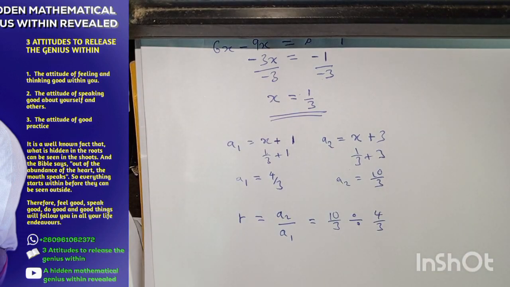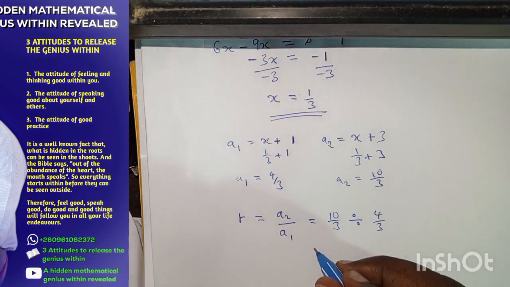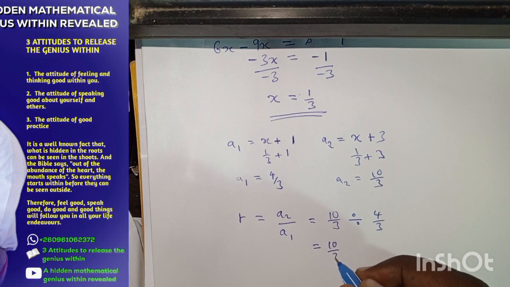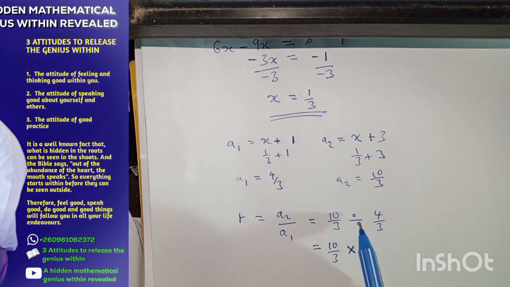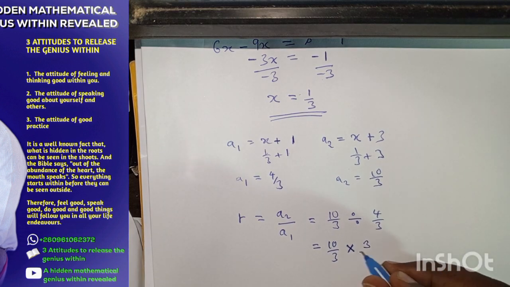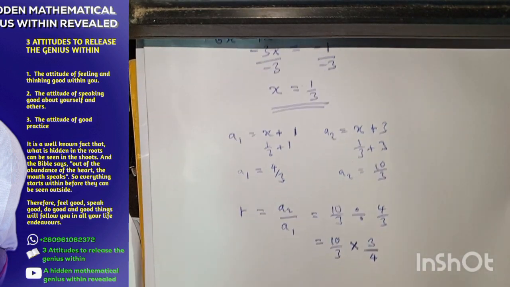When you are dividing fractions, you change to multiplication. So this is equal to 10 over 3, multiplied by the last fraction interchanged. The denominator will become the numerator, and the numerator will become the denominator. So we are going to have 3 on top and 4 down.